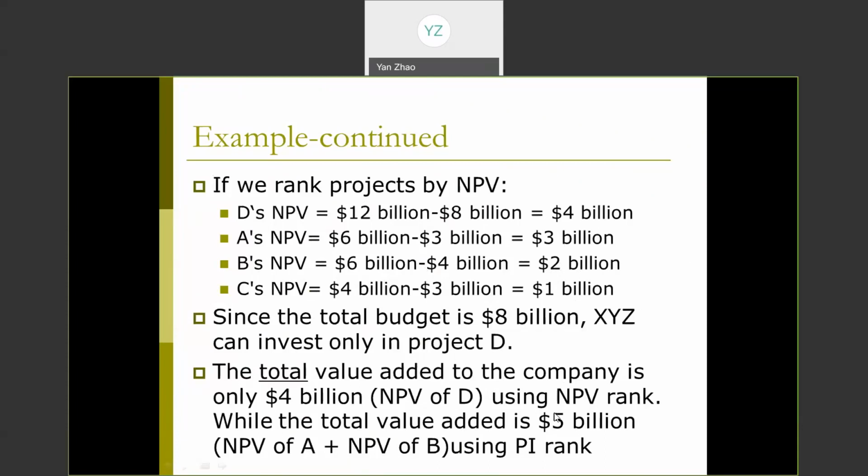So we are better off using the combination of A and B. So that is why, in terms of capital rationing, we always use the profitability index method instead of the net present value method. Okay, so that's the end of this chapter.